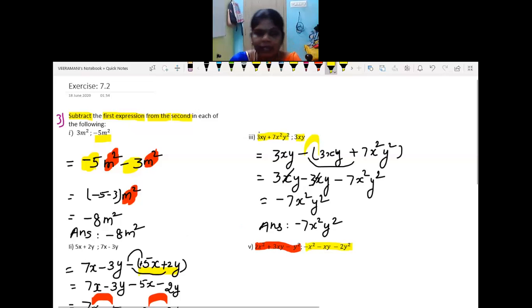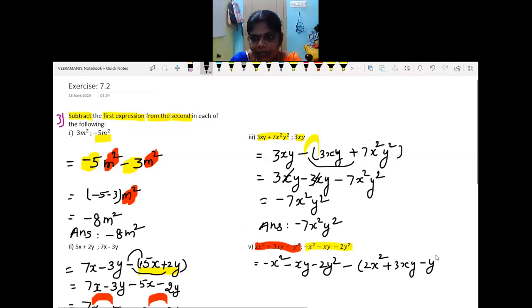Okay. After that, you write the second expression first. So minus x square minus xy minus 2y square minus of 2x square plus 3xy minus y square.